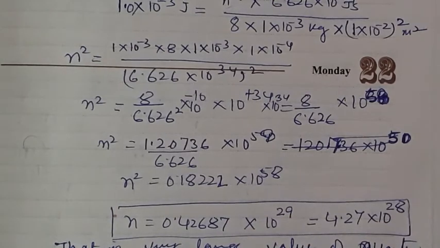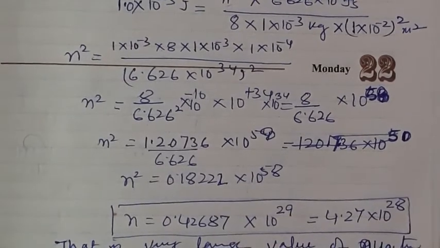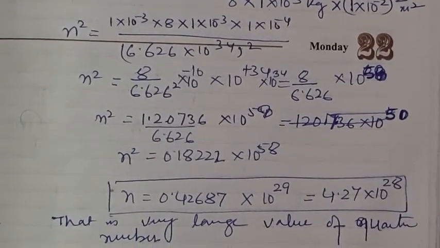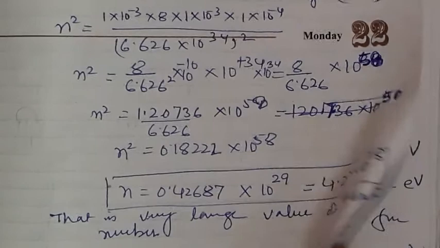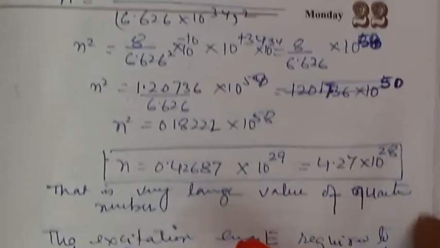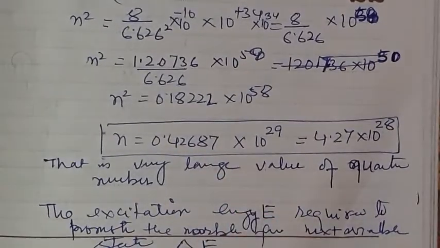And you see, this is an extraordinarily large value of the quantum number. If it is such a large value, let's try to find the energy for excitation from the nth to the (n plus 1)th state, which is the second part of the problem.